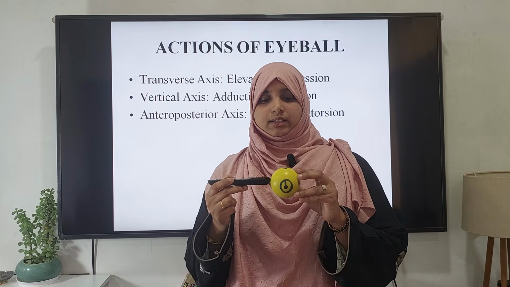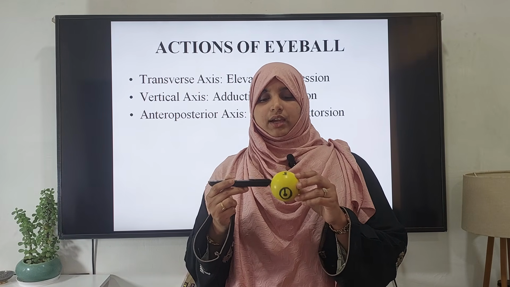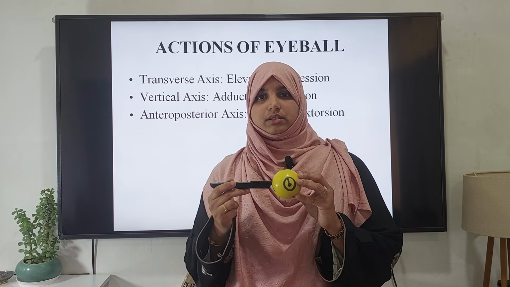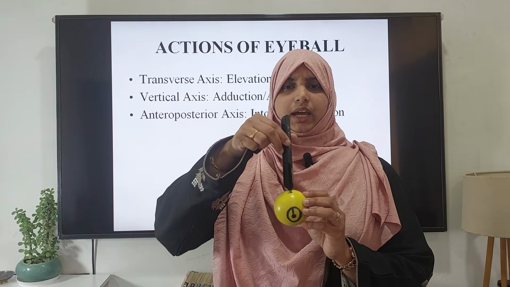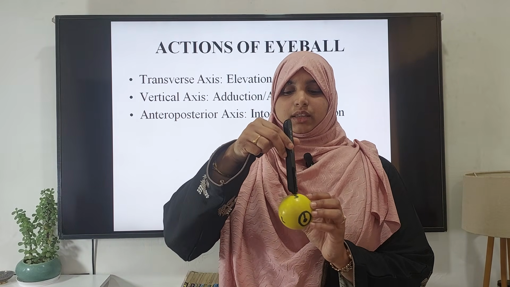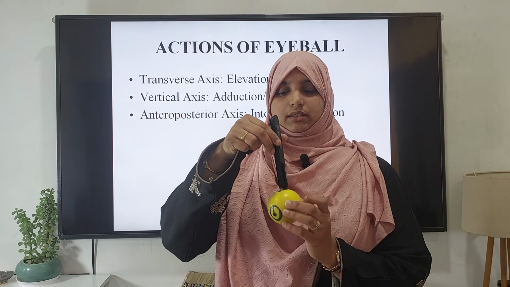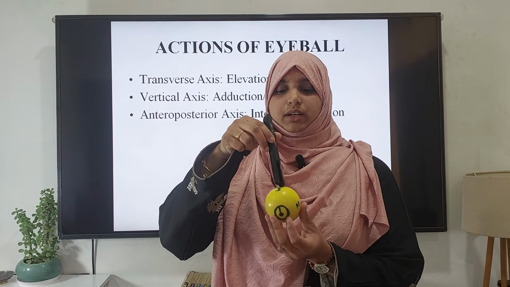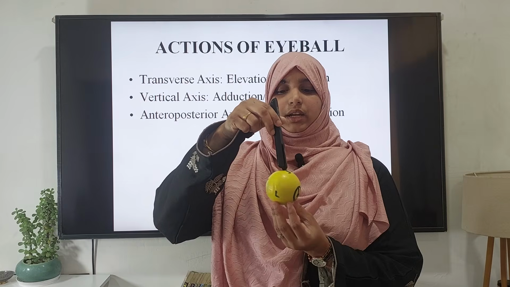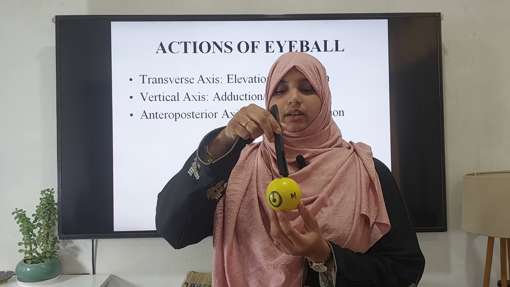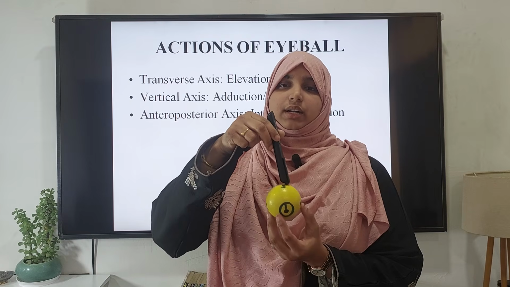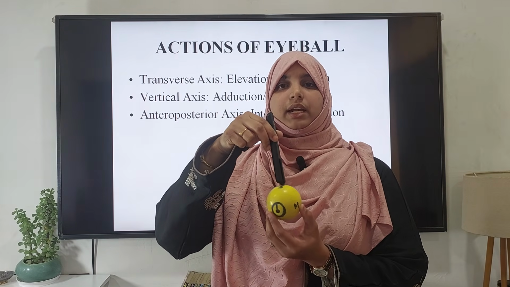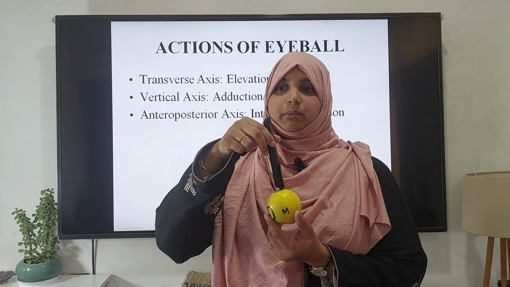That is called elevation and depression. Then if I put the axis like this, the eyeball is going to rotate like this. So this movement is called medial rotation and lateral rotation. The medial rotation can also be called adduction. Lateral rotation is also called abduction.